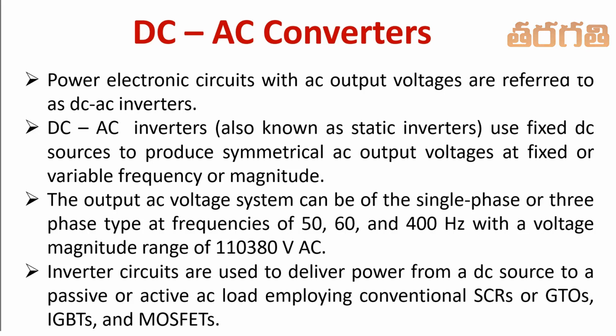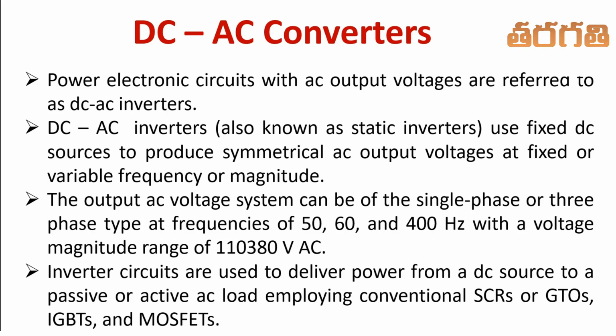In general, these DC to AC converter circuits are used to obtain power frequency voltages. So what are the power frequency voltages? The voltages having a frequency of 50 hertz or 60 hertz are known as power frequency voltages.